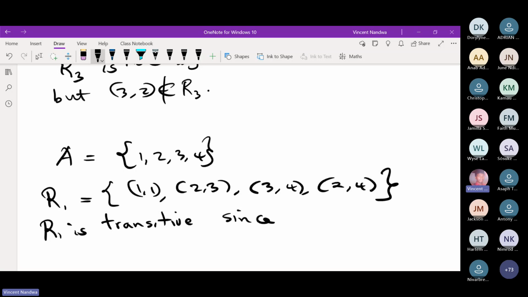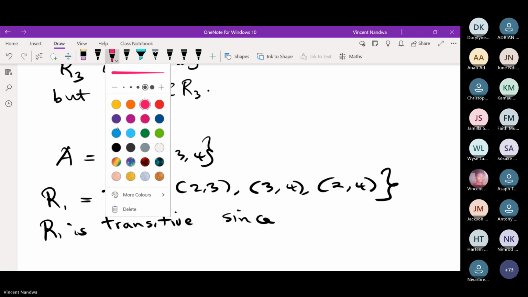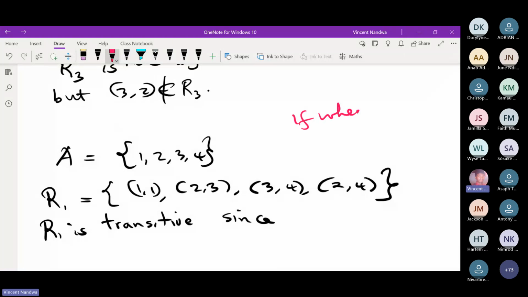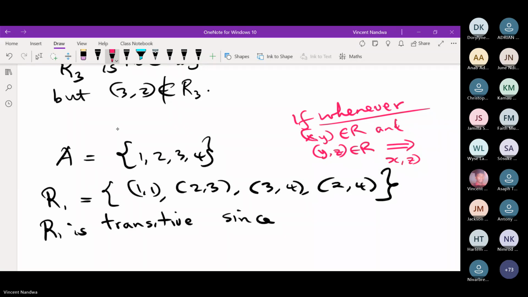So remember the definition of transitive was that a relation R on a set A is said to be transitive if whenever you see X comma Y is in R and you see Y comma Z is in R, then this leads you to having the first X related to the last Z. X comma Z must be in the same relation R.